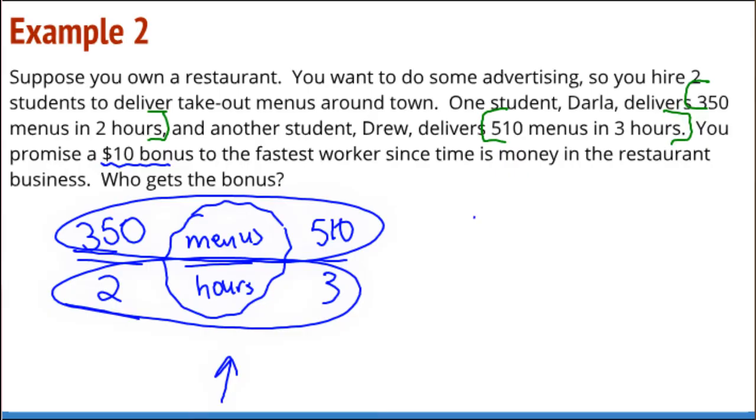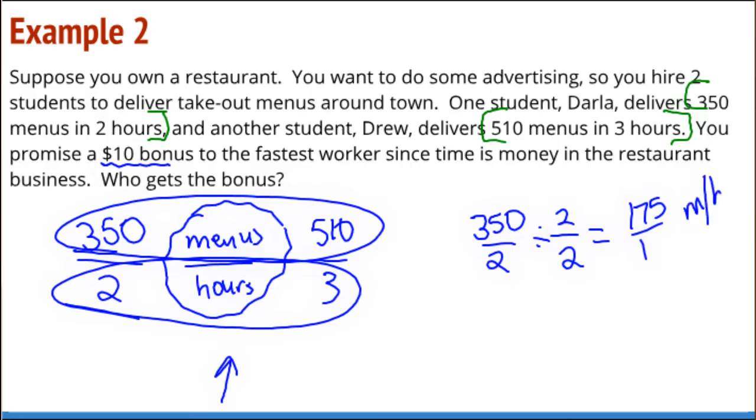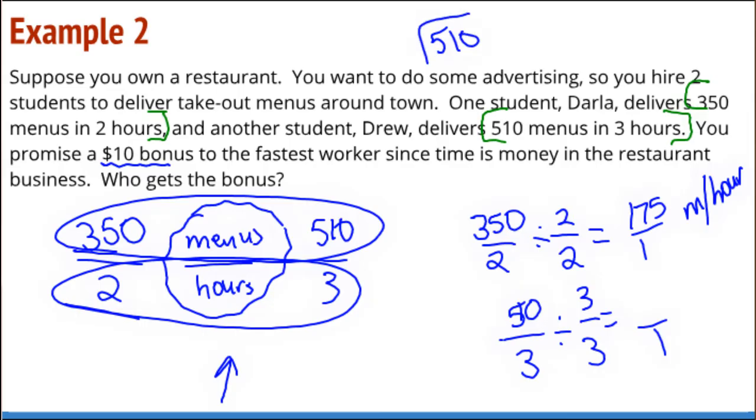So I could take this 350 over 2, and I need to get down to 1 hour, so I would divide by 2. 350 divided by 2 is 175 menus per hour. And I could take the 510 and scale down, dividing by 3. I could find 510 divided by 3.